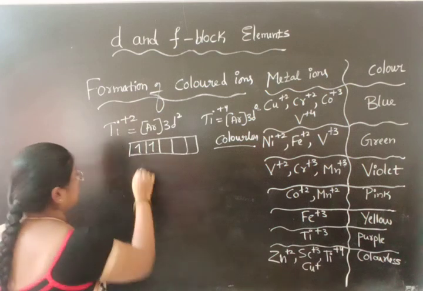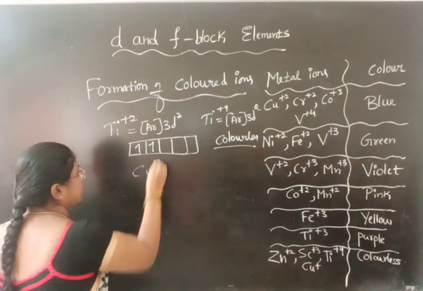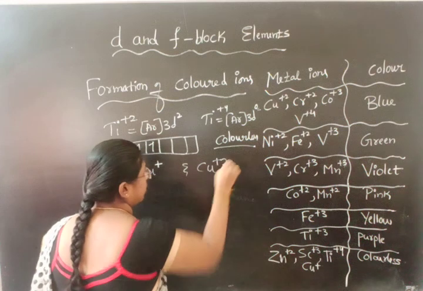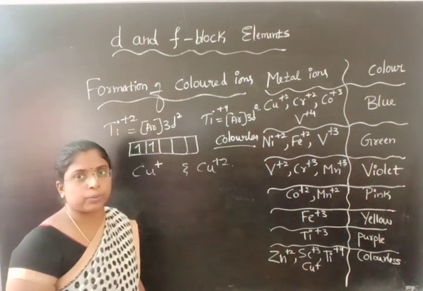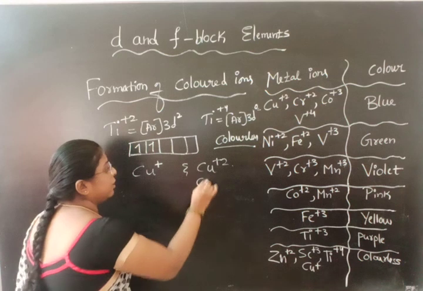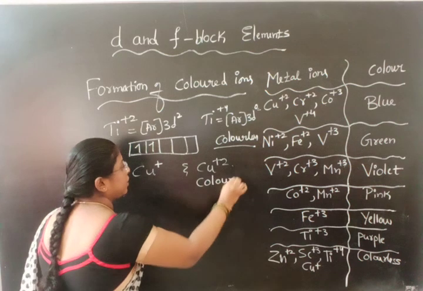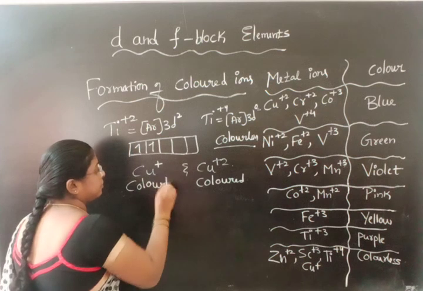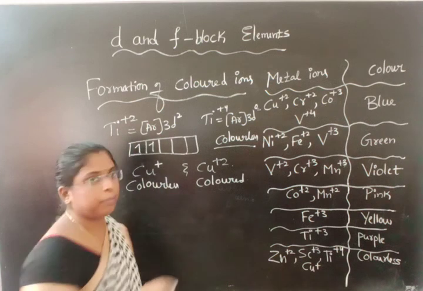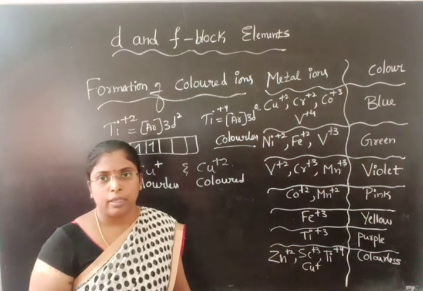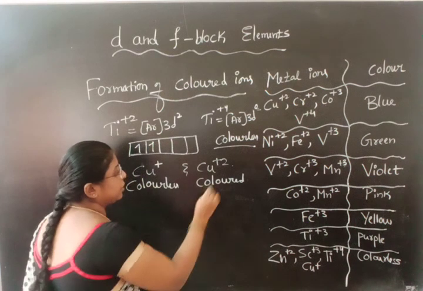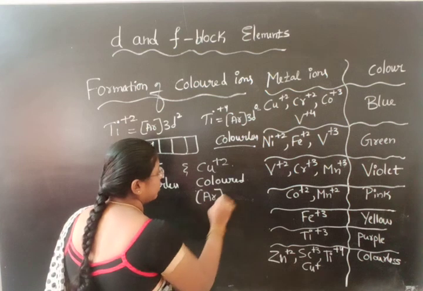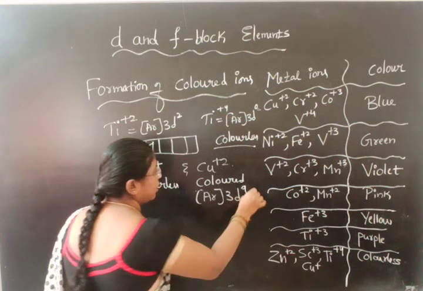Similarly, if I take copper, compare Cu plus 2 with Cu plus. Cu plus 2 is colored because of the presence of unpaired electrons, whereas Cu plus is colorless. Cu plus 2 is bluish green in color. Cu plus 2 has the configuration argon 3d9.